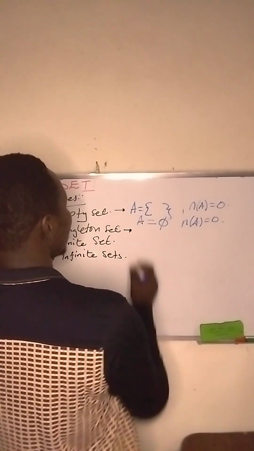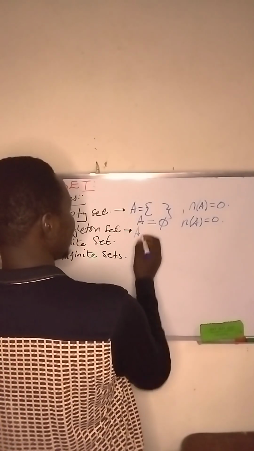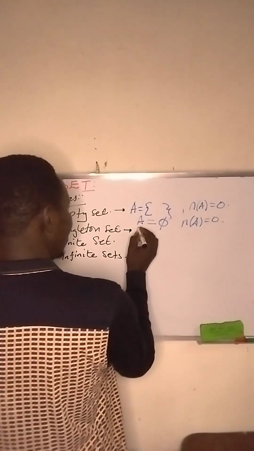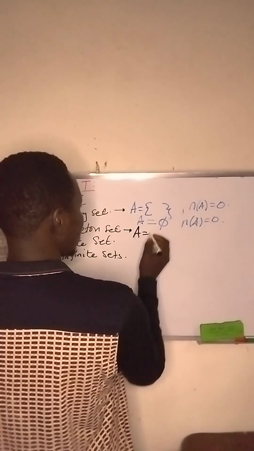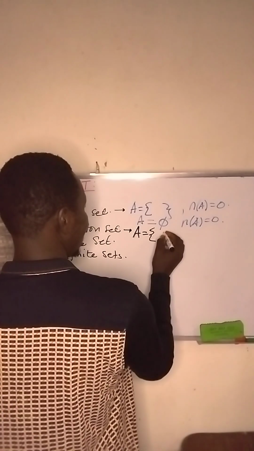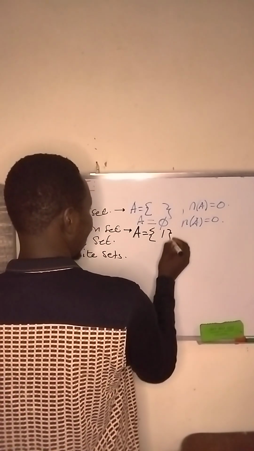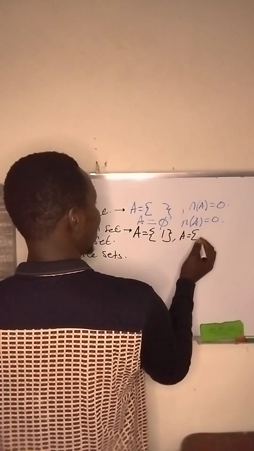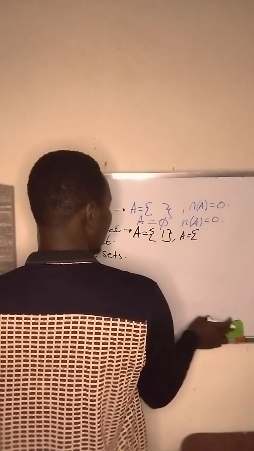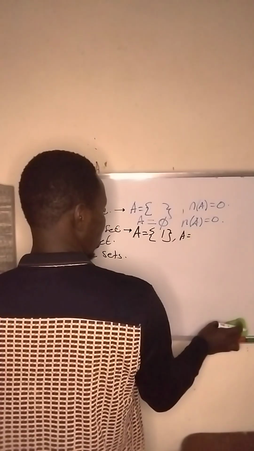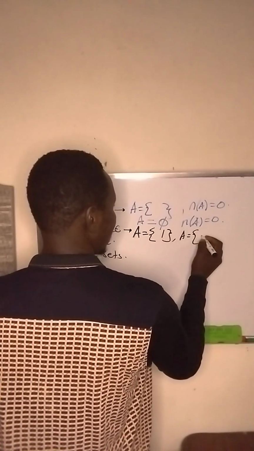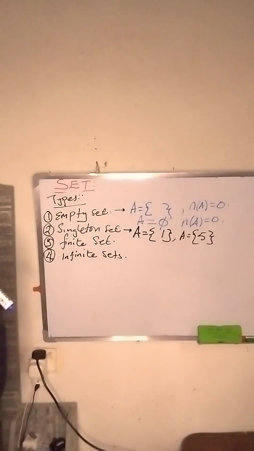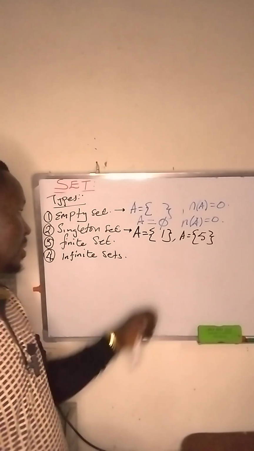For information, when we have A equals and they say the member is only one like that, or when A is equal to, then they open the bracket and they say there is a 5, all of these are called singleton sets.